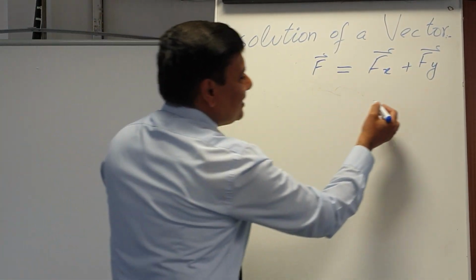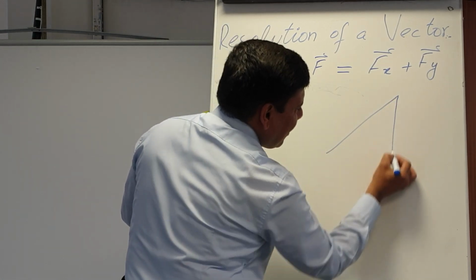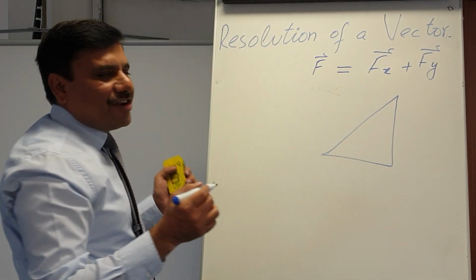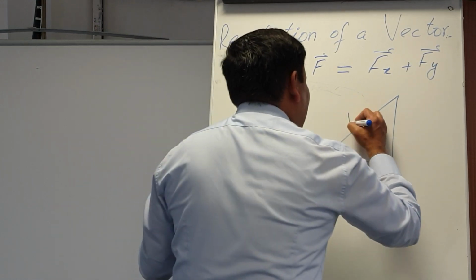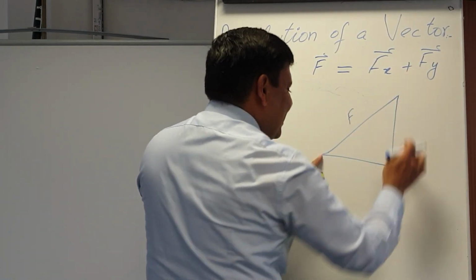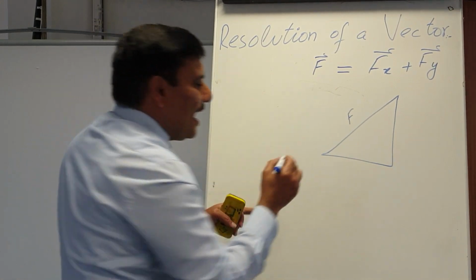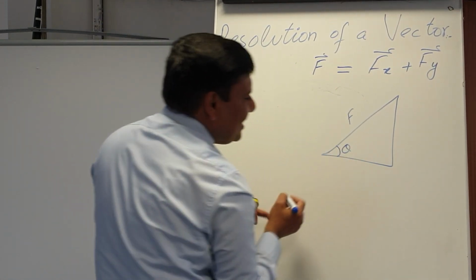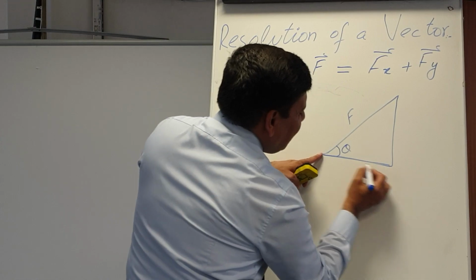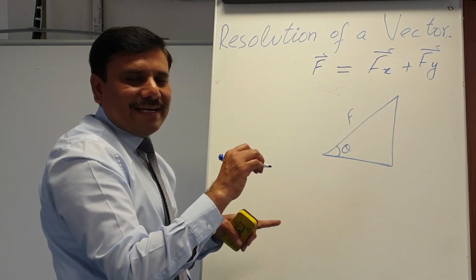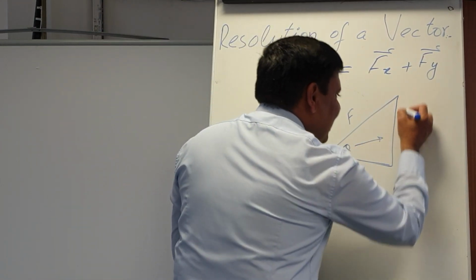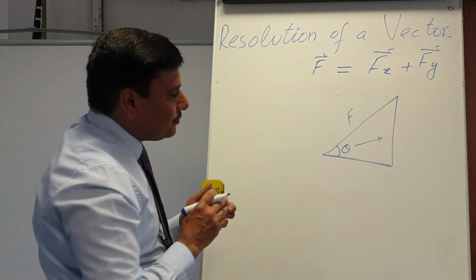For that, we simply consider a right angle triangle without mentioning the direction. So this side of a right angle triangle, you know, is called the hypotenuse. And if this angle is theta, then this side will be called the base of the right angle triangle, and this side is called the perpendicular.